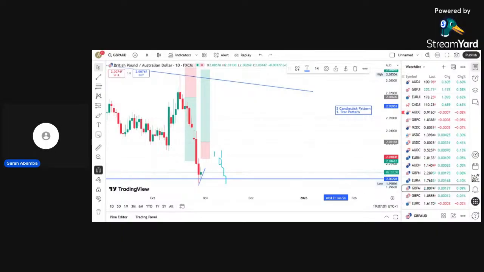So your bullish star pattern is made up of, let me write the conditions down so that we take them. Number one, first candle must be a bearish candle.